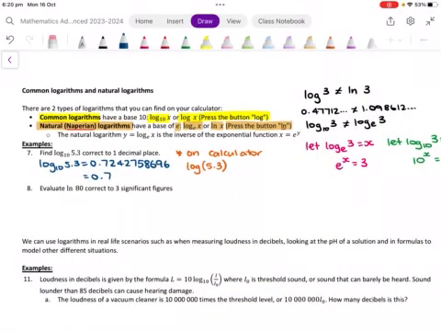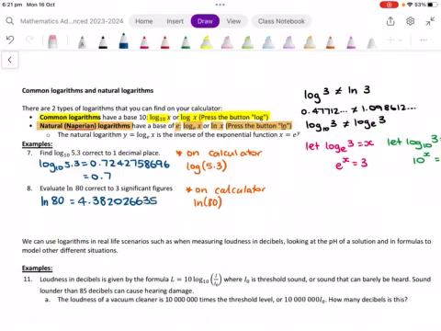Now, to evaluate ln 80, on our calculator you are just going to press the ln button and then 80. And when we do so, what we get is that that equals 4.382026635.